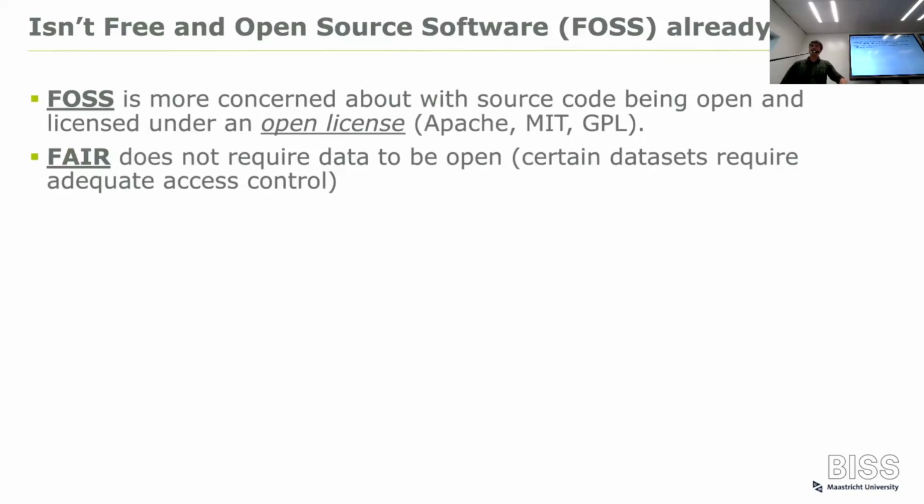It means the code is inspectable, the code is out there, and you can modify it in any way you want and redistribute it. That sounds very similar to FAIR, but the problem with FOSS is that it's only concerned with the source code and the license. It doesn't really cater to anything else. But then FAIR does not require data to be open either, right? That is the stark difference between FOSS and FAIR principles.